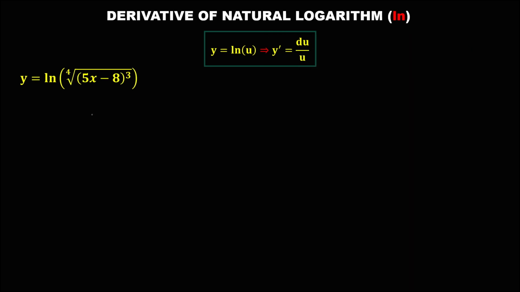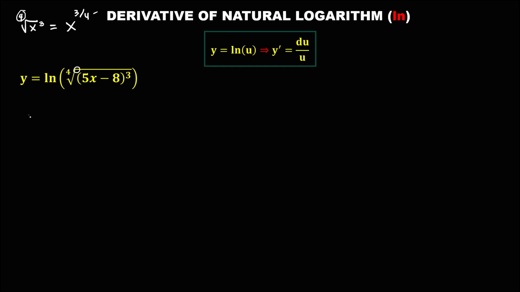Then for this given, first, we need to rewrite this radical in exponential form. So if we have the fourth root of x to the power 3, this is equal to x to the power 3 over 4. So the root is the denominator of the exponent.